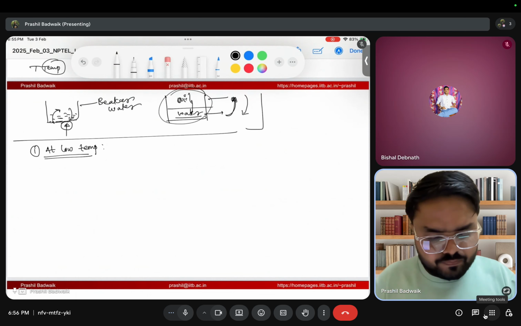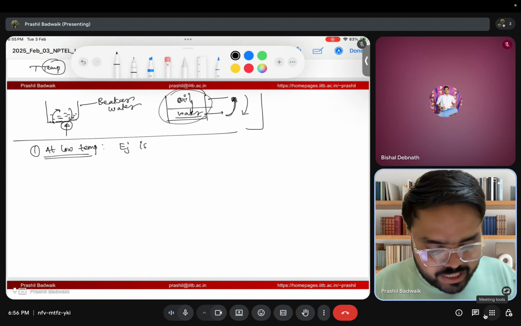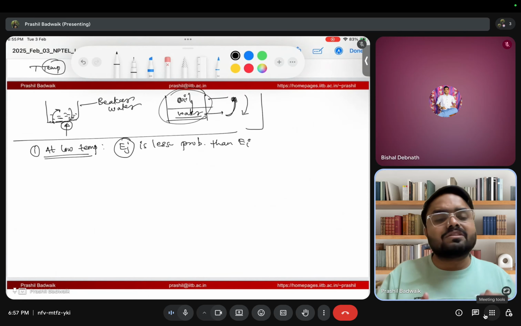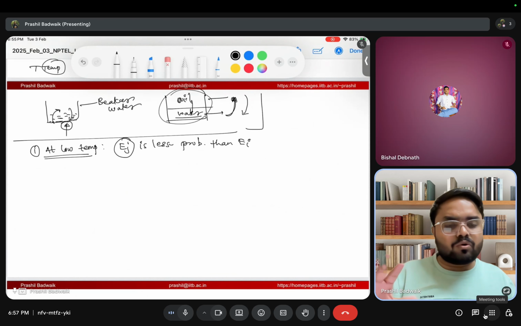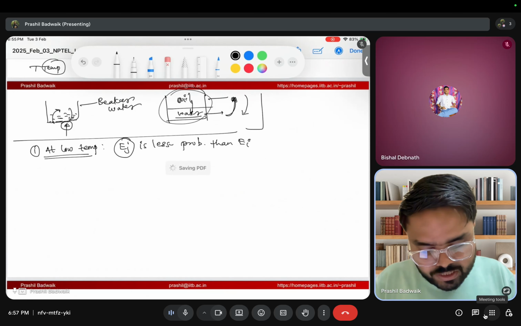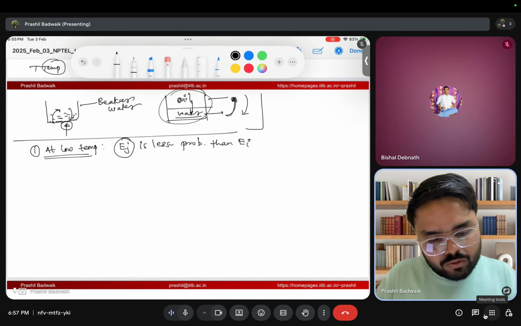That means Ej is less probable than Ei. So this higher energy level is less probable. Molecules cannot go from one phase to the other. At high temperature, the mixing can happen. Molecules from this state can go into the other state.